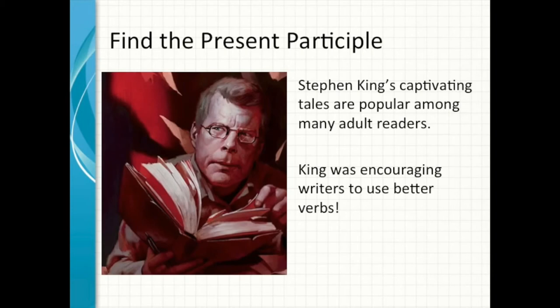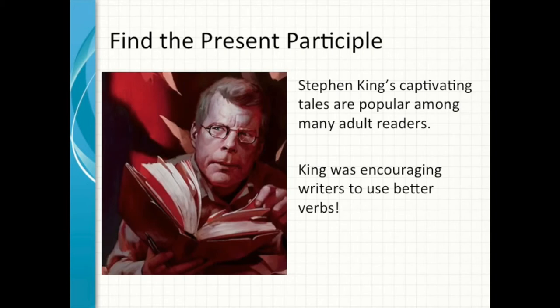Stephen King's captivating tales are popular among many adult readers. What is the present participle? Did you find the word captivating? In this case, the present participle is acting as an adjective, describing his tales. The second sentence. King was encouraging writers to use better verbs.